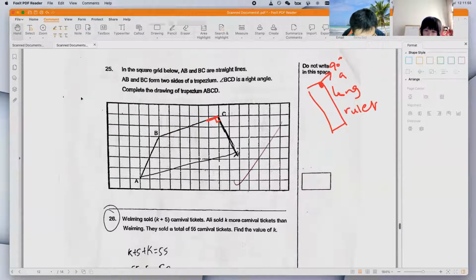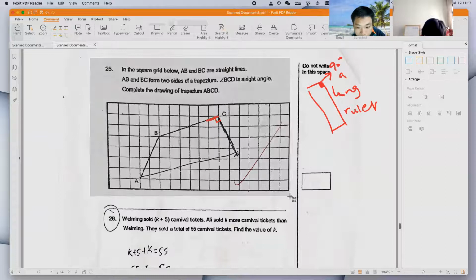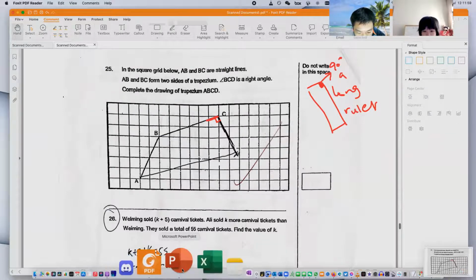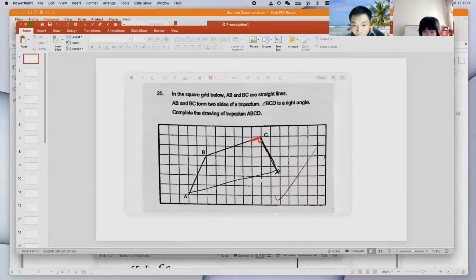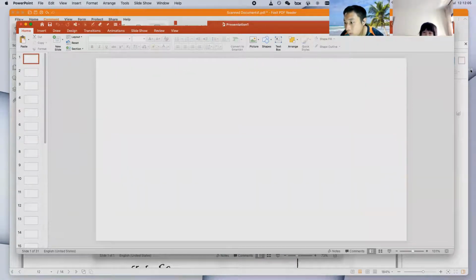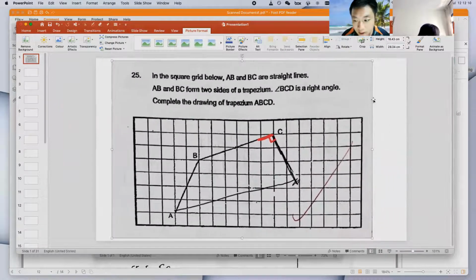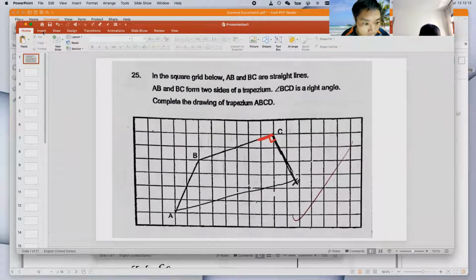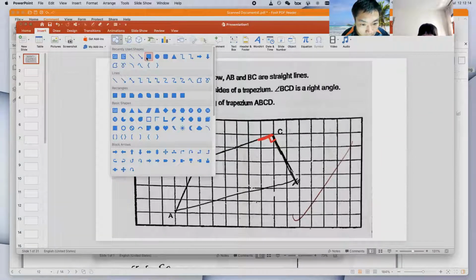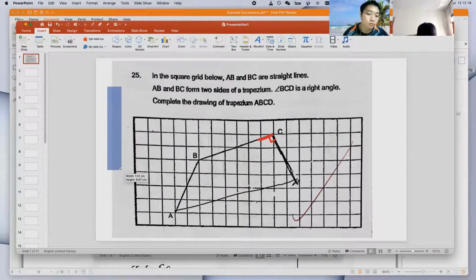Okay, let me get this question in. So what I'm trying to say is, you can get a ruler out like this. Let's assume this is a ruler.